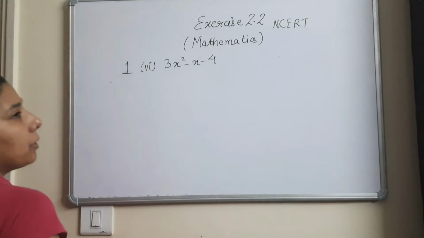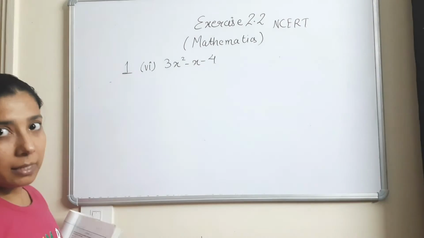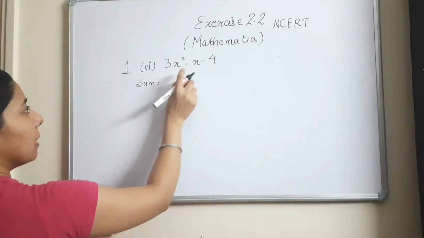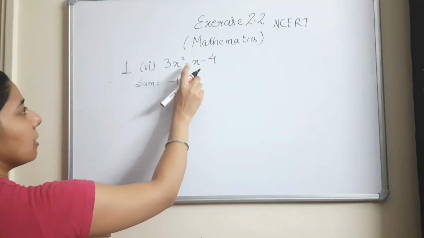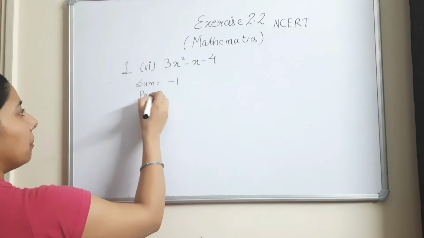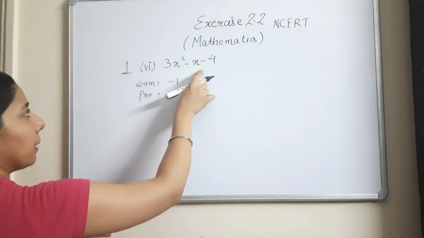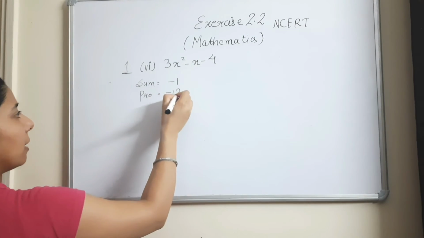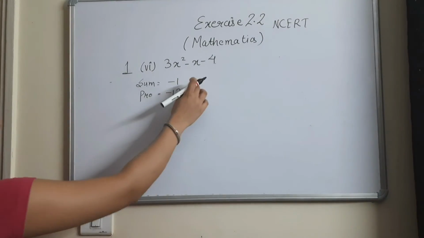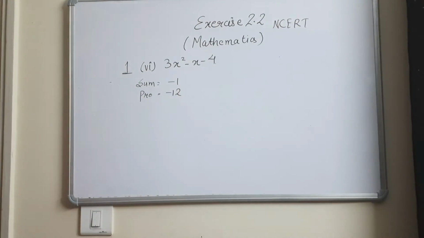In this we will be using the method of splitting the middle term. So we think of two terms so that the sum will come out to be minus 1, which is the center coefficient of x, and the product will be the product of minus 4 and 3, that is minus 12.